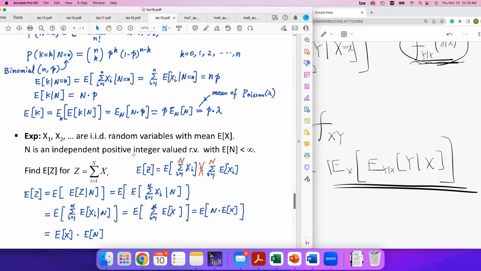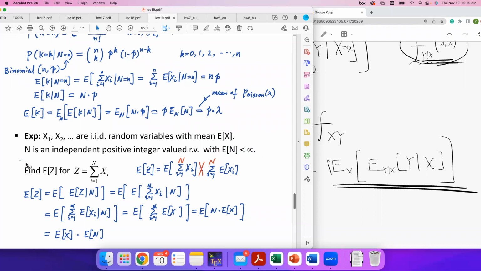So N is a random variable, and it takes positive integer values independently from these random variables. For this random variable N, it has finite mean.